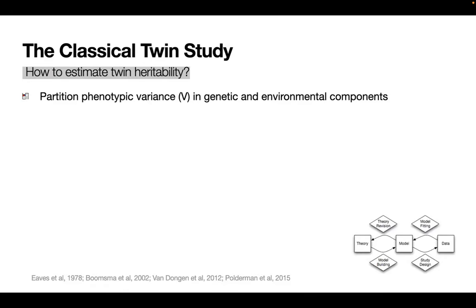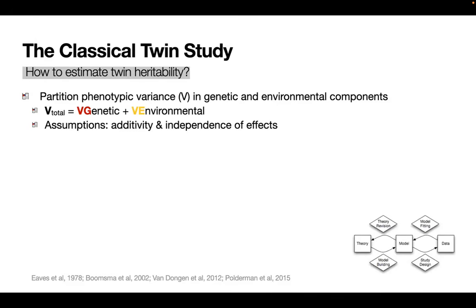Here, our theory is that genetic factors contribute to the variability in a trait of interest. And so we want to partition the phenotypic variance into genetic and environmental components, assuming that the total variance is the sum of the genetic and the environmental variance, and further assuming that these sources of variance are additive and independent.